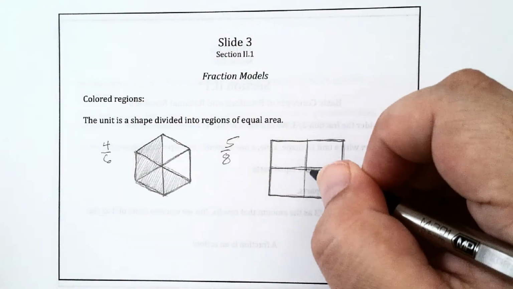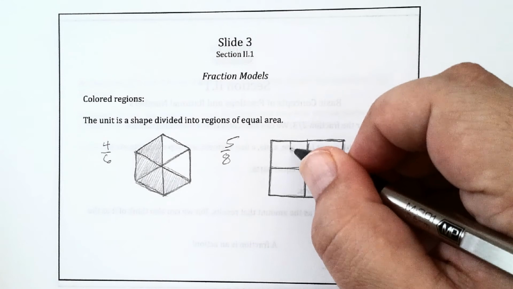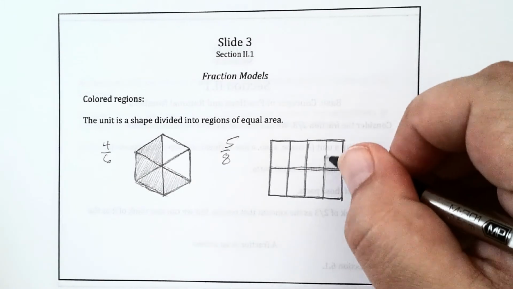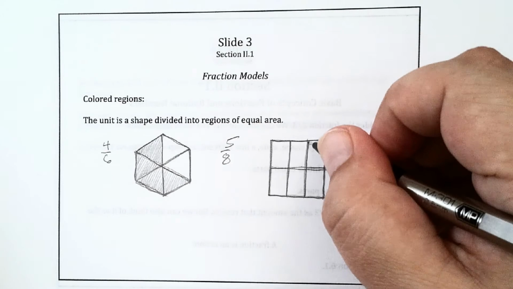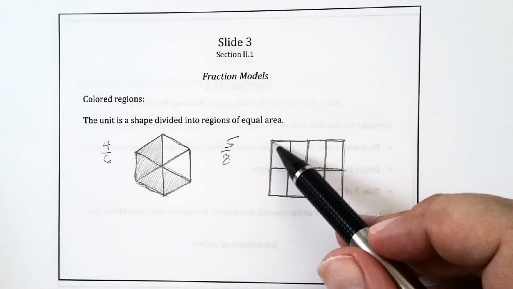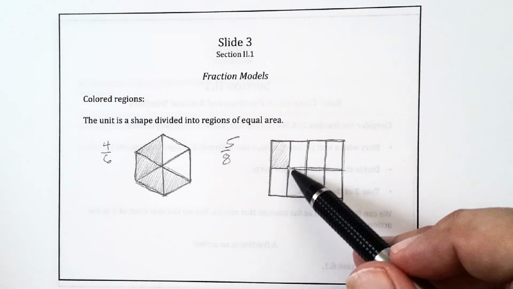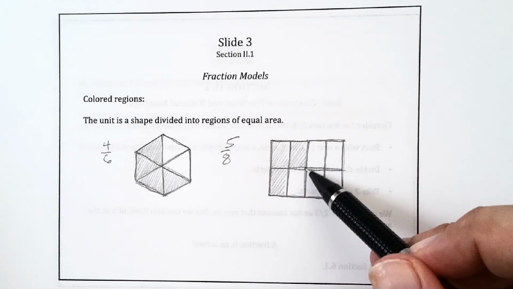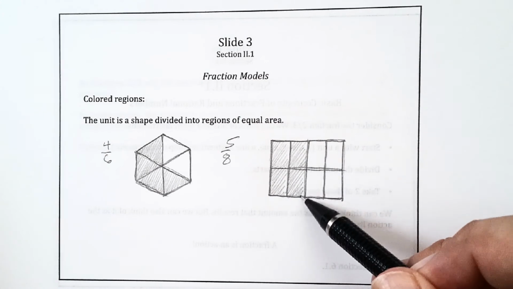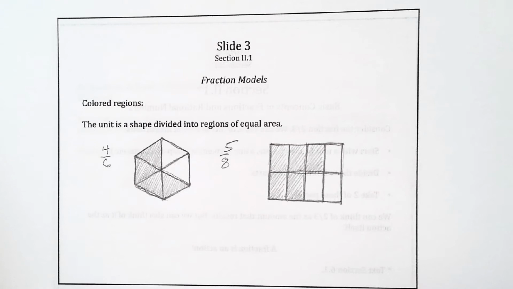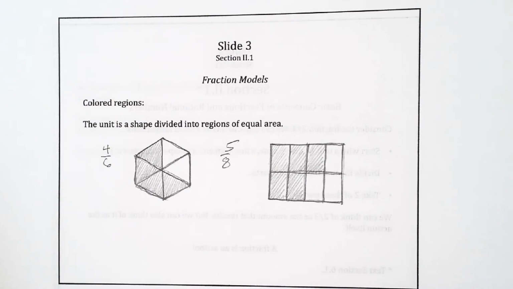So I'm going to divide it into quarters and then divide each of the quarters in half. And that gets us 8 equal parts. And we know we need that because the denominator is 8. And then the numerator 5 tells us we want 5 of those parts. So just shade in any 5. It doesn't really matter which. Okay, so that's how colored regions work.